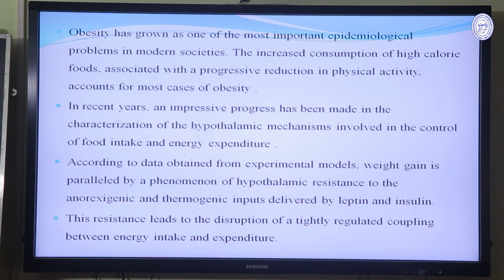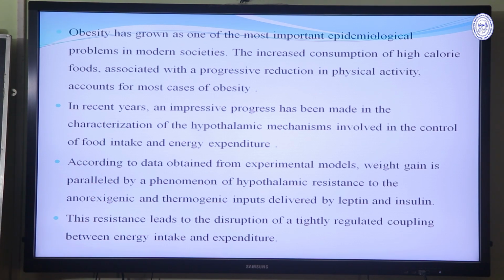So, obesity has grown as one of the most important epidemiological problems throughout the world in modern societies. Increased consumption of high calorie food associated with progressive reduction in physical activity accounts for most cases of obesity. In recent years, very impressive progress has been made in the characterization of hypothalamic mechanisms of food intake and its regulation.